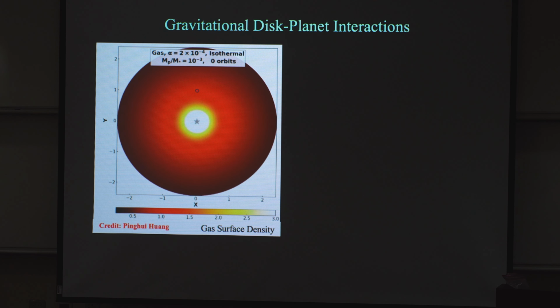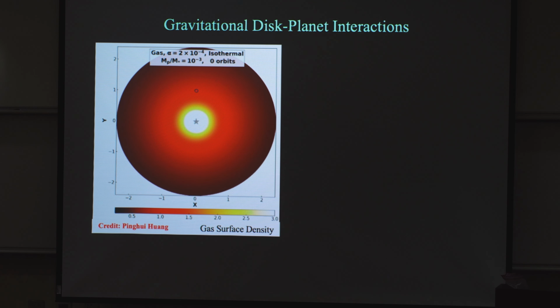So here we're going to look at a movie that will give us a basic idea of how this process looks like. This movie is from a hydrodynamic simulation and will show how the disk responds to the presence of a one Jupiter mass planet right here. We're looking at the surface density of the disk. Initially, the disk is smooth, and we'll be in a frame co-rotating with the planet, so it won't move.